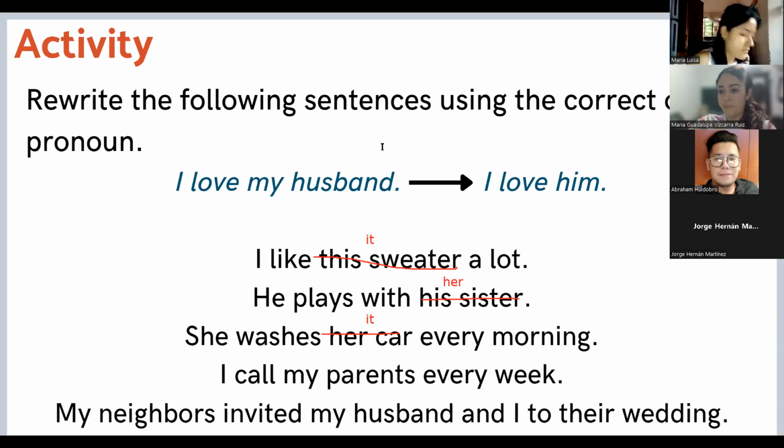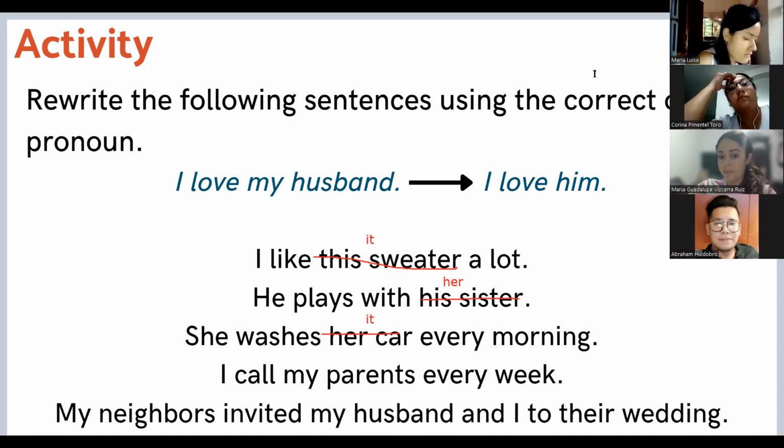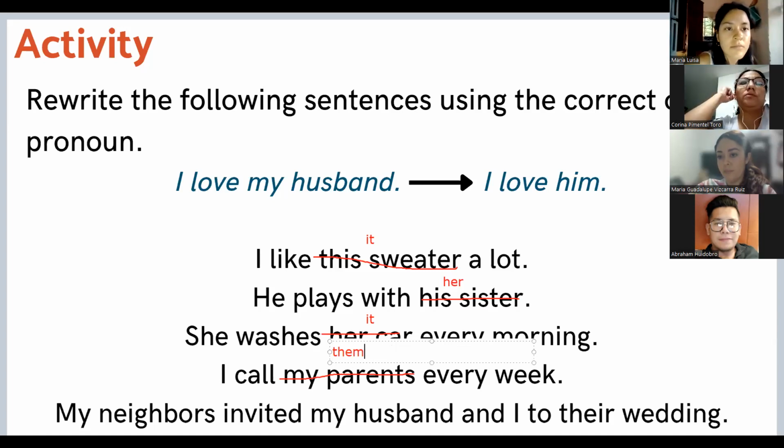I call us every week. Do you guys agree? No. Them. Yes, them. ¿Qué era us? El nosotros. Entonces aquí es como si me hubieras puesto, nos llamo cada semana. Okay, sorry. Yes. So yes, it would be a them.